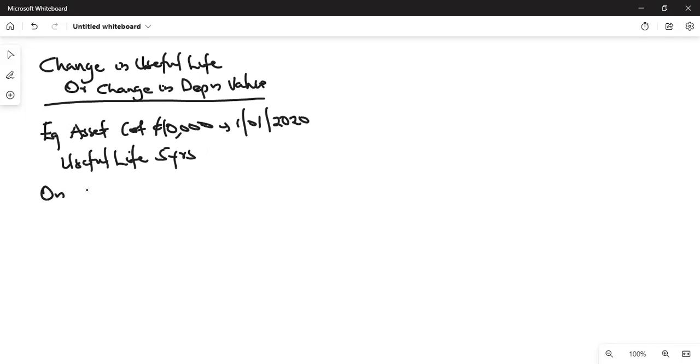On 01/01/2022, the asset was revalued to 8,000.